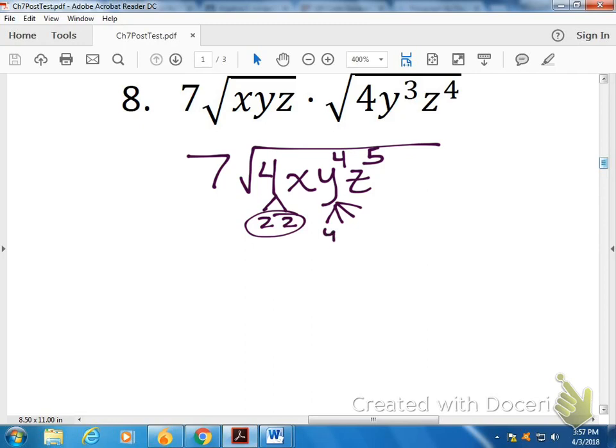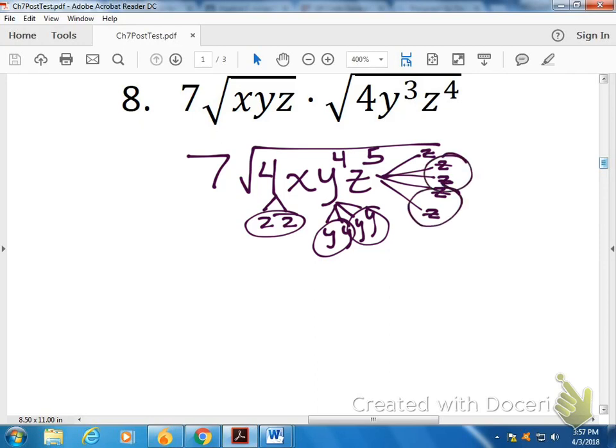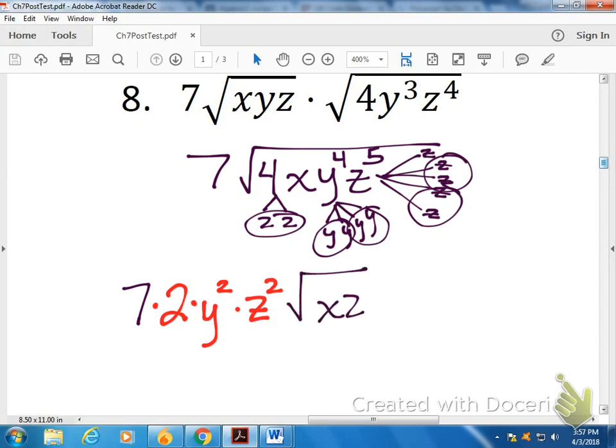Y to the fourth breaks up into 4 y's, so we have 2 pairs there. And then z also, if we break all of these z's up, we've got 2 pairs there. So the original 7, but then multiplied by a 2, y squared, z squared, and then see what's left on the inside. We've got an x and a z, so really the final answer is 14, y squared, z squared, times the square root of xz.